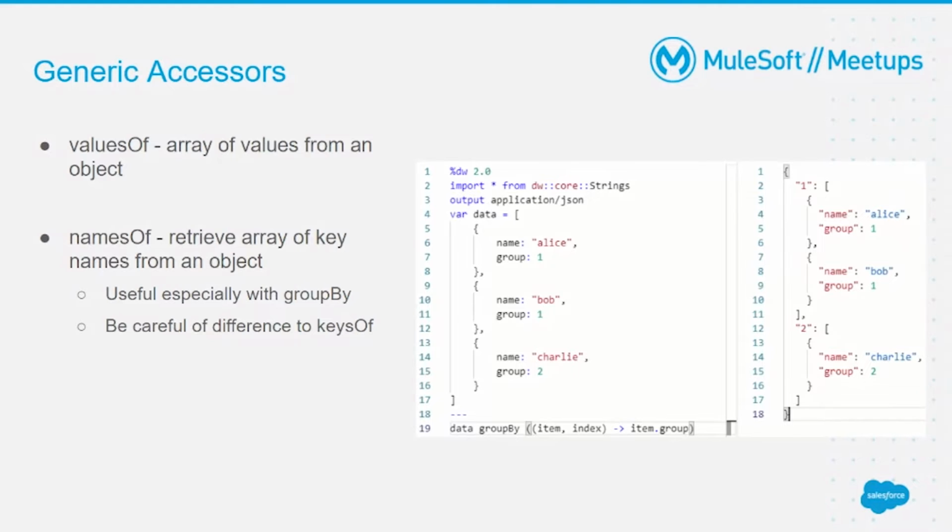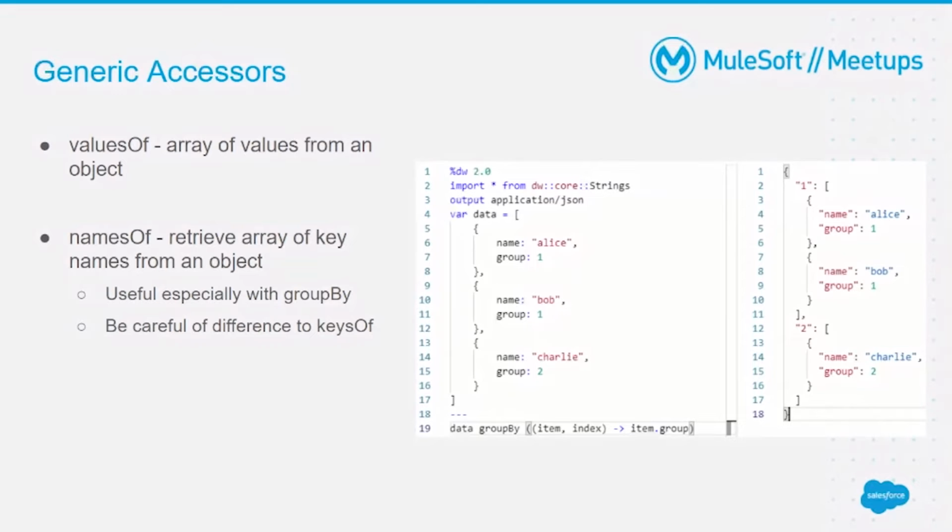So groupBy will collect all of the objects that have the same group number into one bucket. You can see on the right, the structure of the output of groupBy has always struck me as a bit weird, but I also can't think of a better structure. So it makes sense to me why it's like this, but it also always catches me off guard a bit.